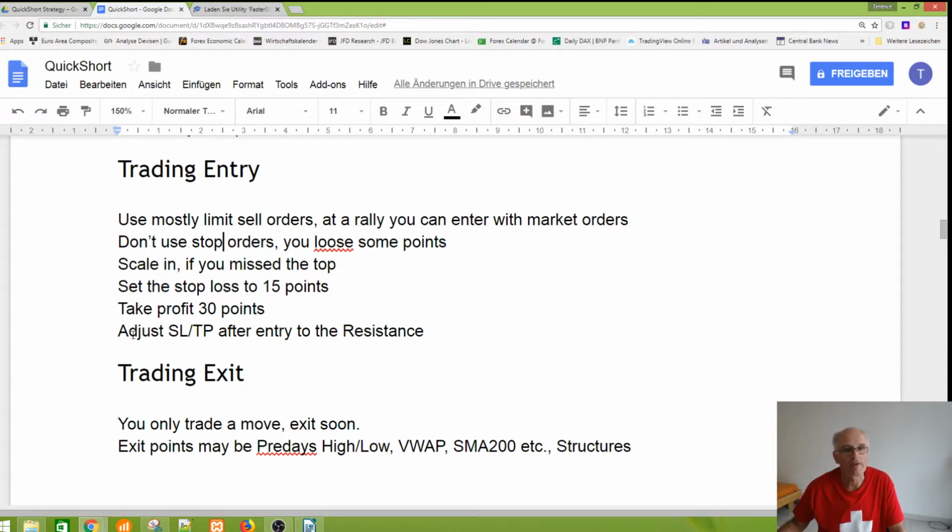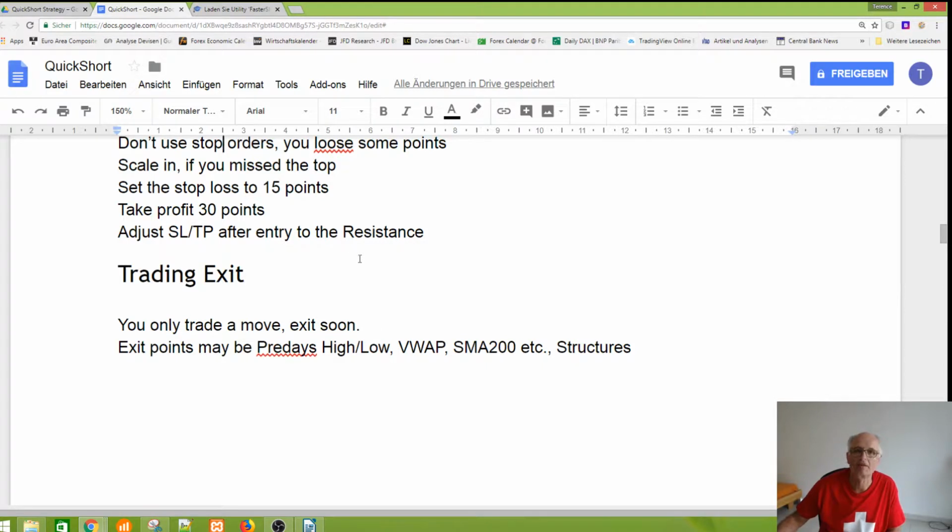And you have to adjust your stop loss and take profit after you entered. And look to the main resistance, stop loss, and the take profit. You just make it large enough that you don't exit too early.